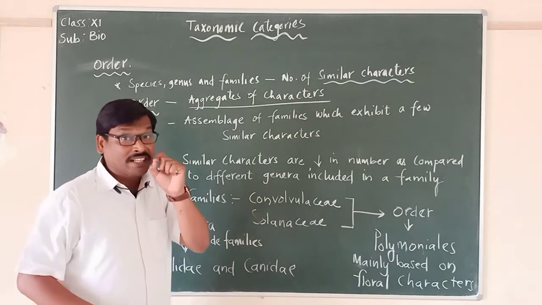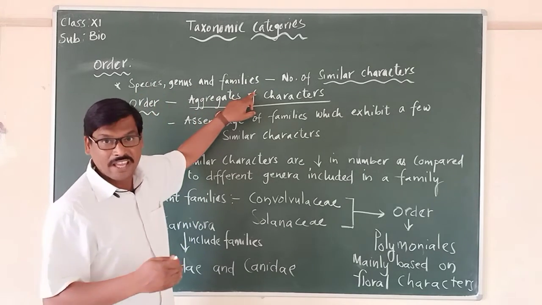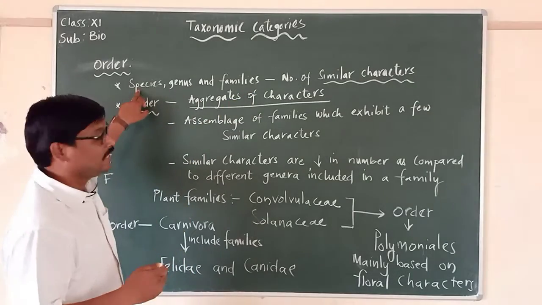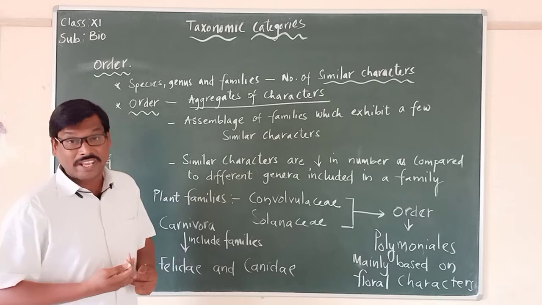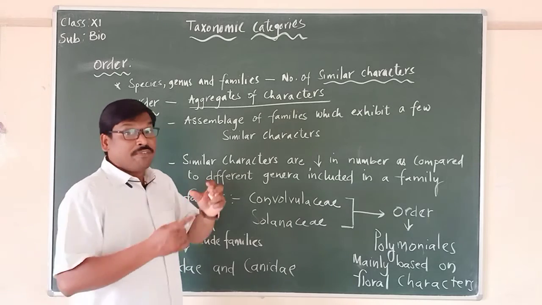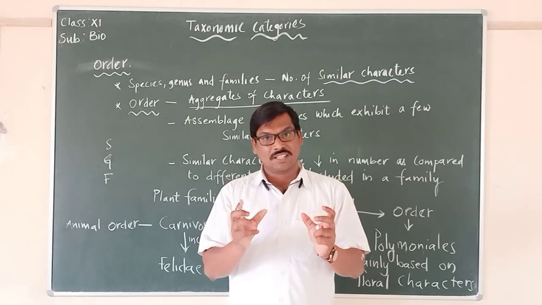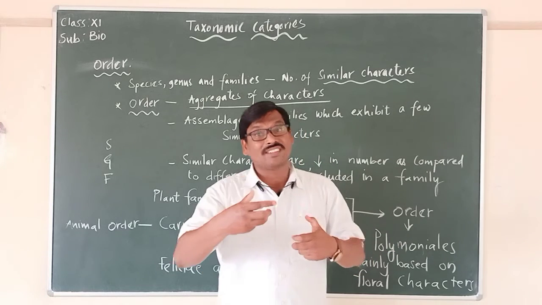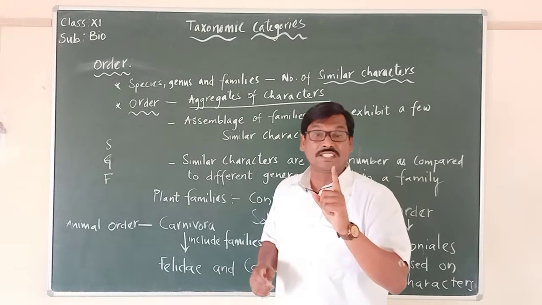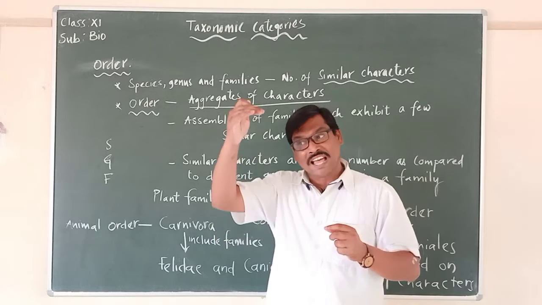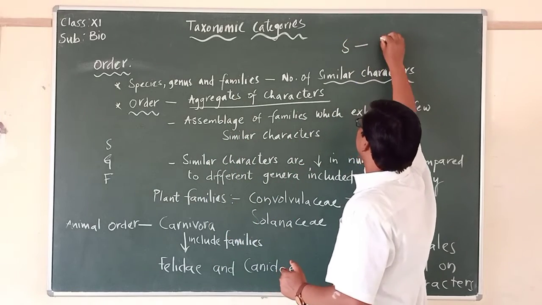Aggregates of characteristics means what? Already we said species, genus and families are based upon the number of similar characteristics. But the order is a higher category than all these three, and we say that it is the aggregates of characters. We have to remember that the number of similar characteristics keeps decreasing as we move from species to kingdom.